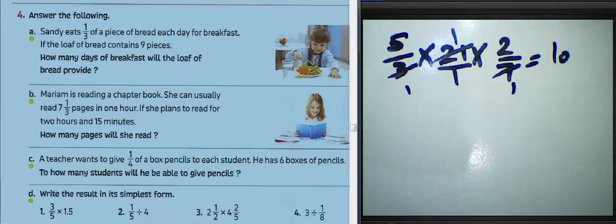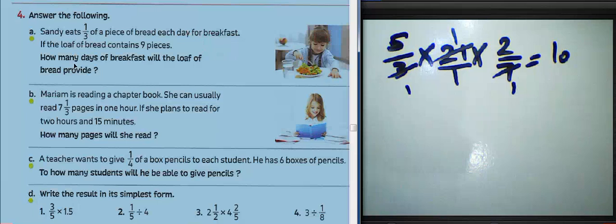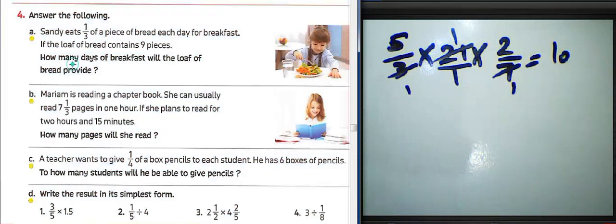Question number 4. She eats a third of a piece of bread each day for breakfast. If the loaf of bread contains 9 pieces, how many days of breakfast will the loaf of bread provide? Who can tell me? She eats a third of a piece of bread each day. If the loaf contains 9 pieces, we have 9 pieces.